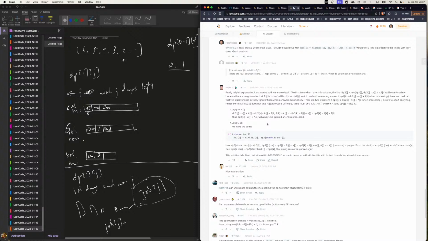It's dp2k, and dp2i, right hand side, equal to dp2j minus aj plus ai. dp2i equals dp2j minus aj, which is equal to dp2k minus aj plus ai. dp2i is larger or equal to dp2 stack.